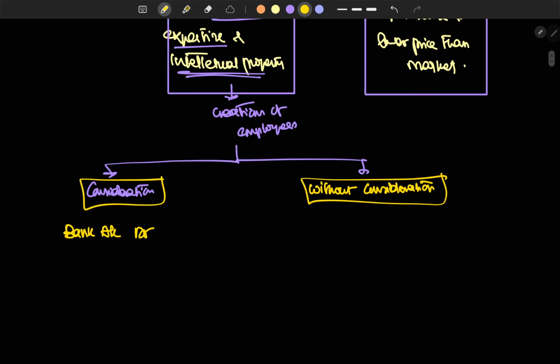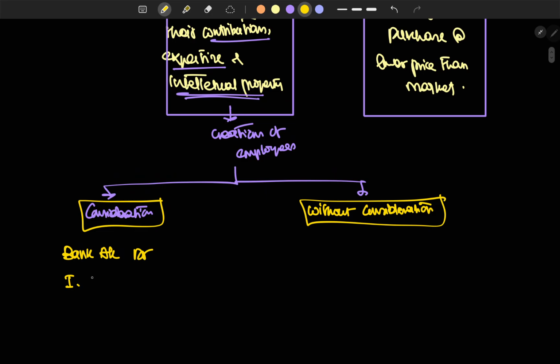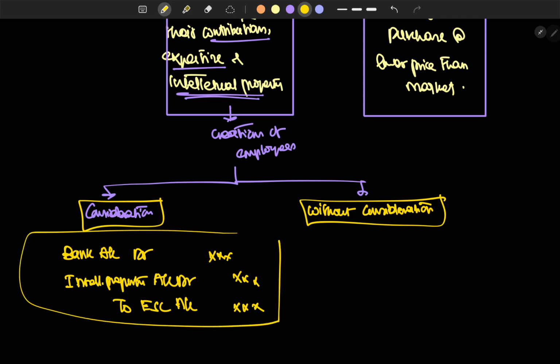And then for the creation, the expertise or the contribution, we call it the intellectual property account debit, to equity shares we are issuing to them. So this is the entry for consideration.